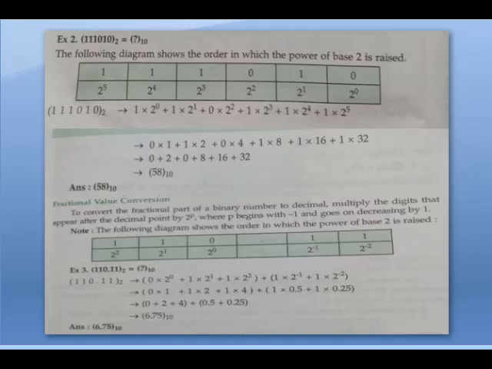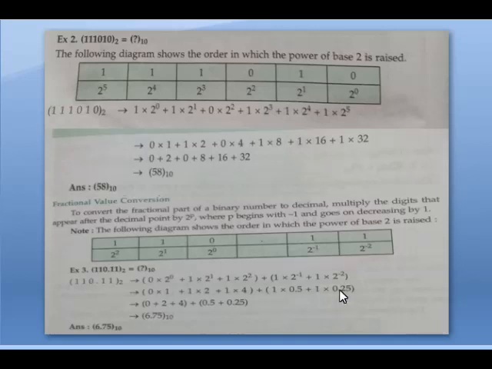So for the integer part, this much is the integer part, and after that 1 into 2 power minus 1. 2 power minus 1 means 1 by 2, which is 0.5. Then next, 1 into 2 power minus 2. 2 power minus 2 means 1 upon 2 power 2, that is 0.25.